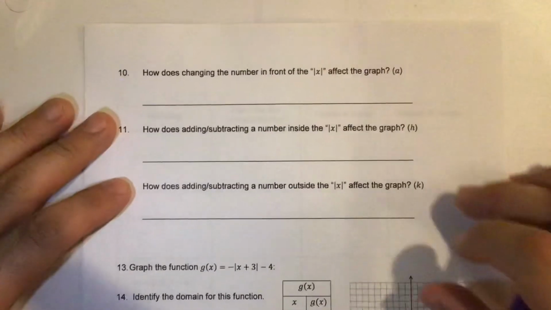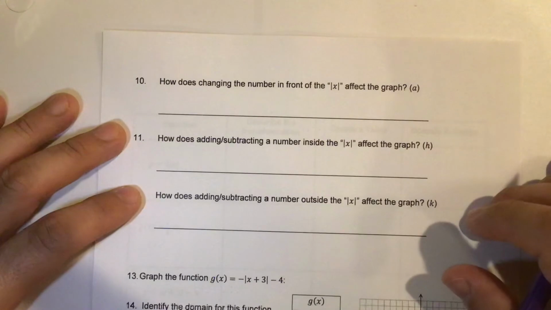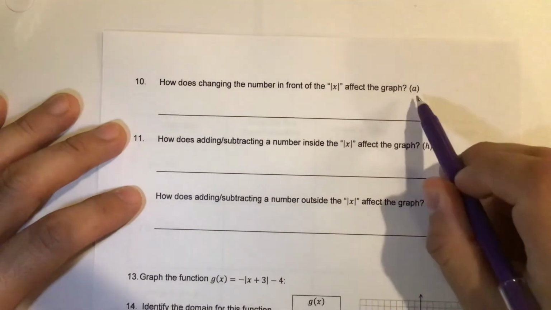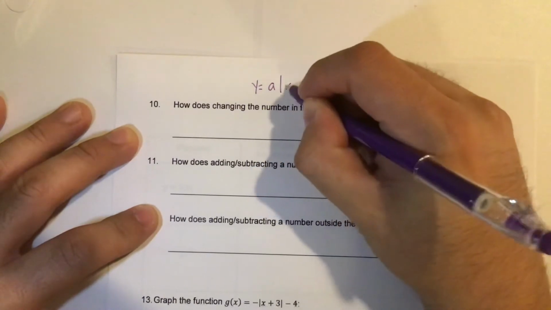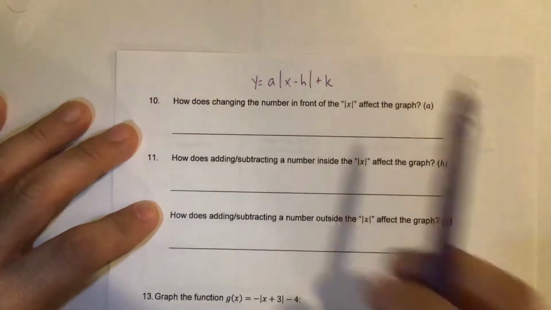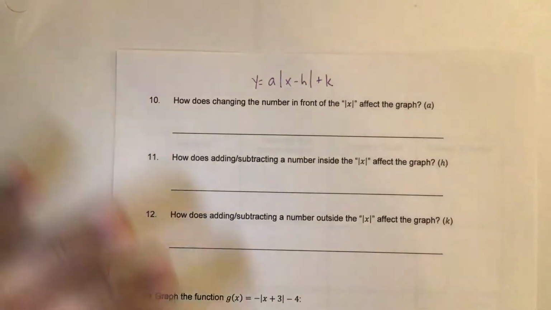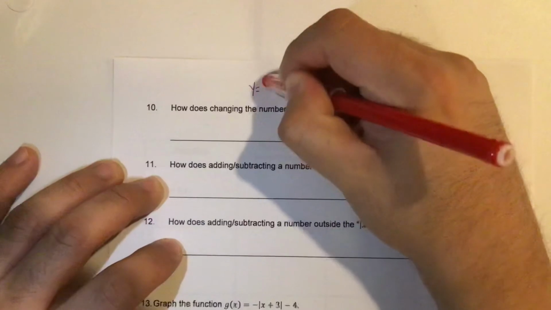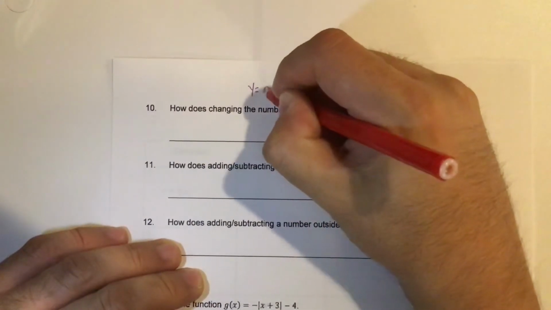Okay, next thing says, how does changing the number in front of the absolute value of x affect the graph? And we have a. So let's talk about the transformation equation. There's my a, there's h, and there's k. So how does a affect it? We'll change this to the color red, so it's color specific.